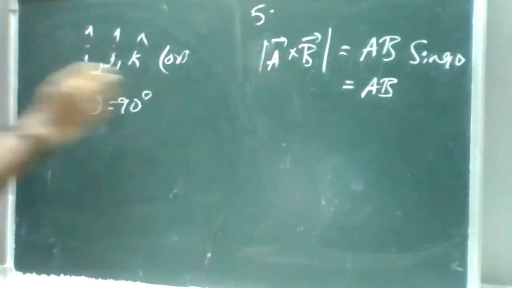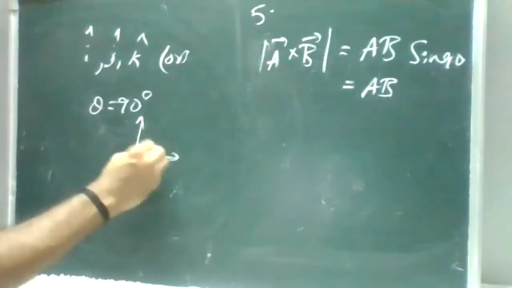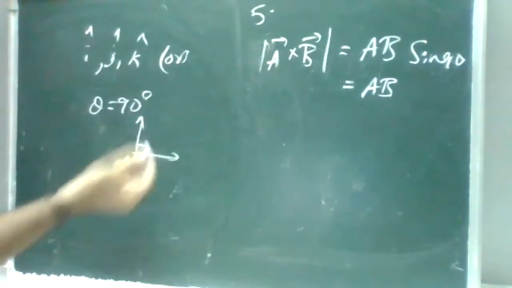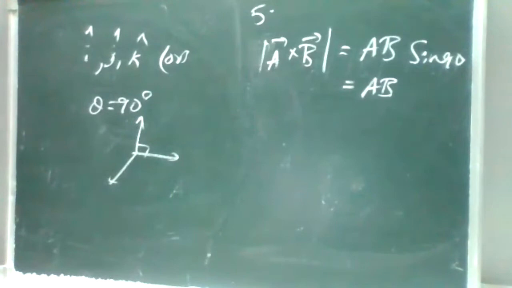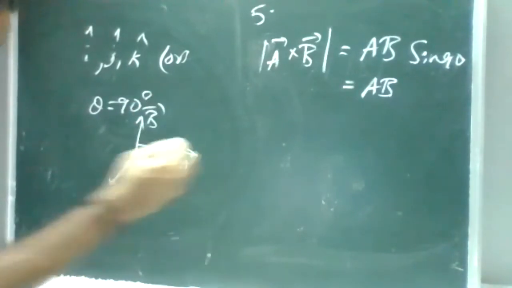So that means if any two directions are at 90 degrees, then it is 1. We'll see this one by one. If I'm taking A vector and B vector, the product of two vectors here.